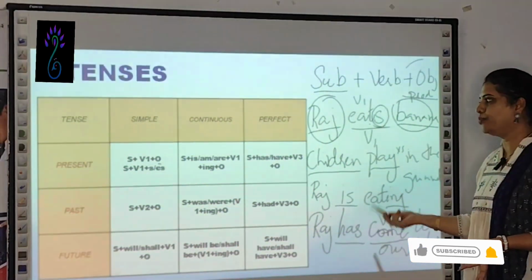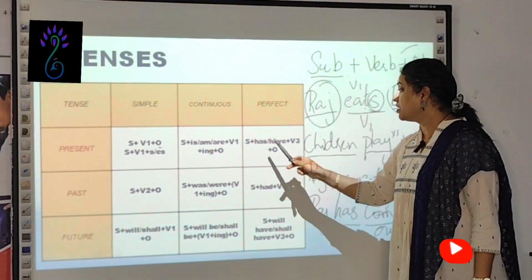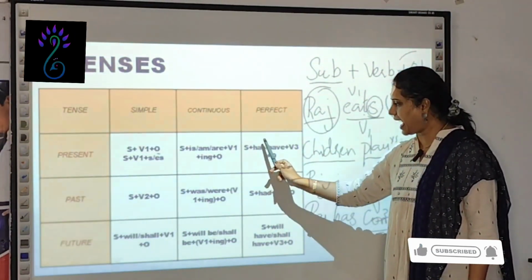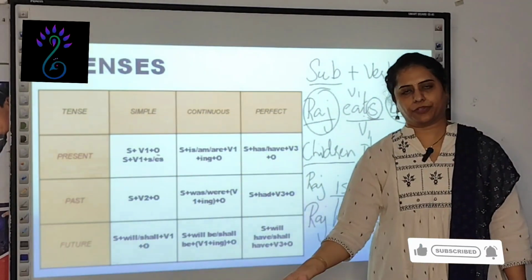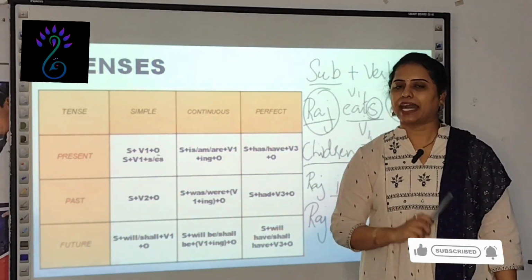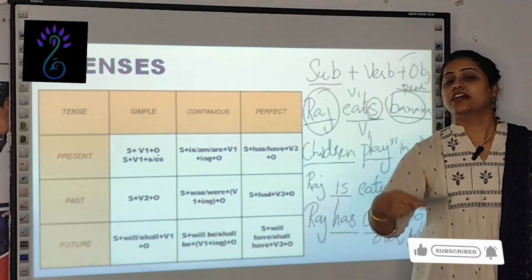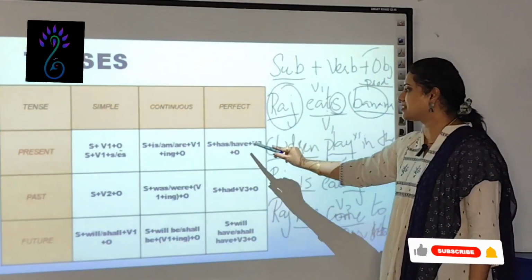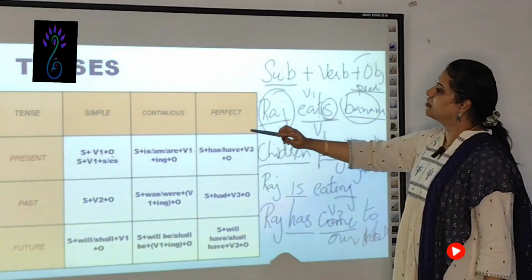Are for plural plus V1 form plus ing, and object. For present perfect, it is subject plus has or have. I have taken your book. You should not say I has. She has written neatly. You should write V3 form over here. Okay. And this is about present tense.